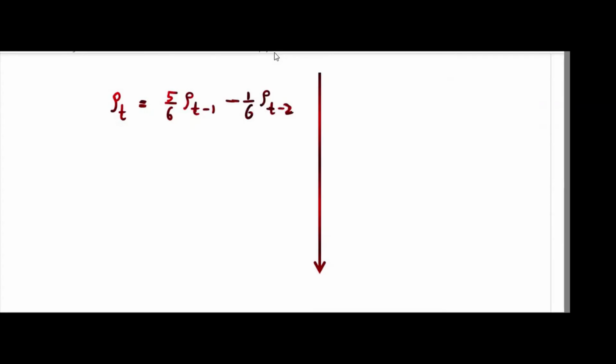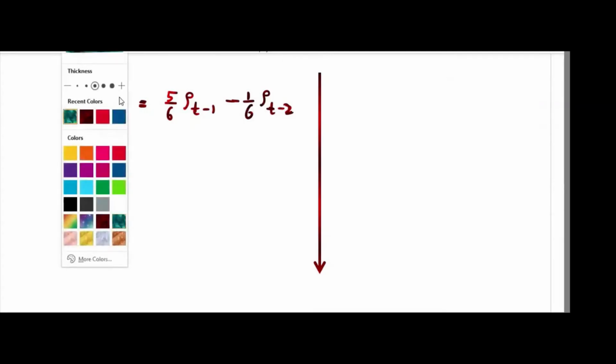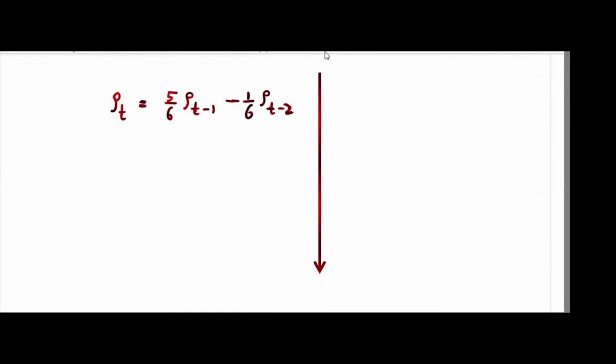Although you don't need to use it all the time. If a first order equation is given, suppose I write a simple one, xn is equal to xn minus 1 plus 10. If I write this way, it's very easy. Suppose you want to find x10, you write x9 plus 10. If you put 9 here, it will be x8 plus 10.